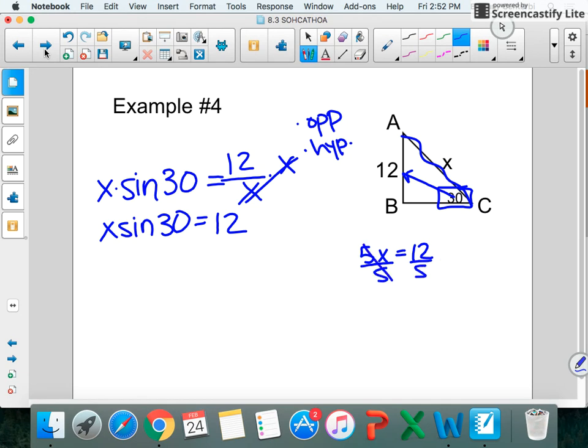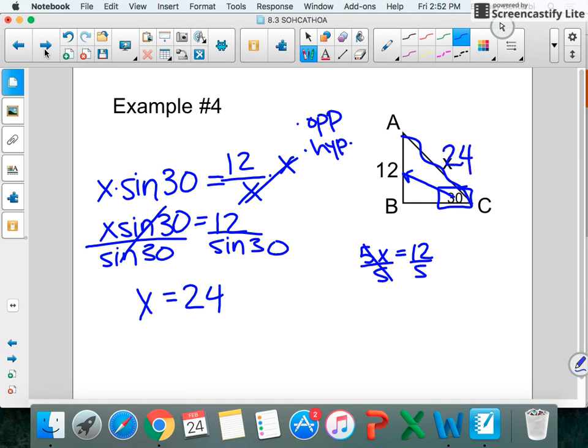Okay? Sine 30 is a number. So it's just a number times x. So I'm going to divide by sine of 30 on both sides. That cancels out, so I get x equals, and then again you have to punch that in the calculator. No inverse this time because we're given the angle, and then it comes out x equals 24. So the side would be 24.